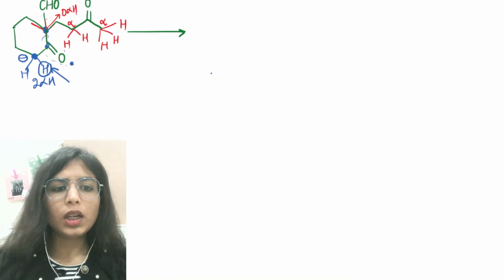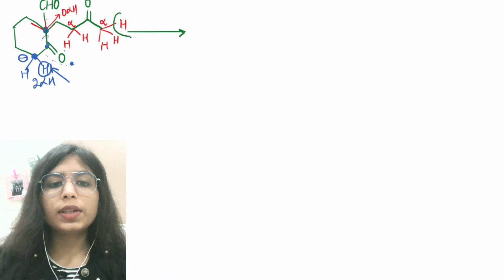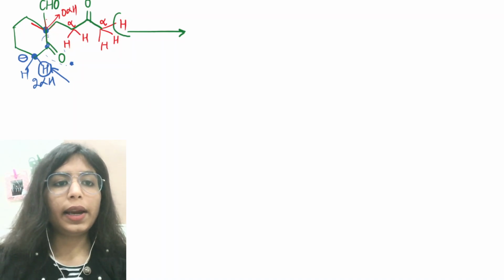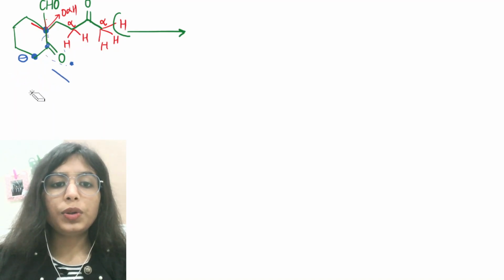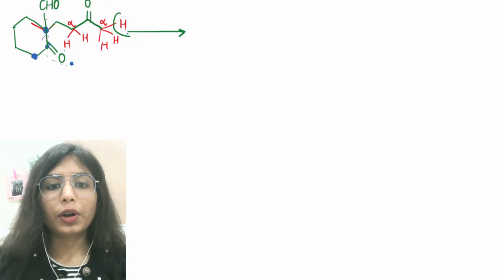Now if I talk about the second possibility, what if I remove this hydrogen? Let me just draw it more clearly so you can have a better understanding. First you need to rule out the possibilities, and after ruling out the possibilities you just need to see what kind of product you are expecting.